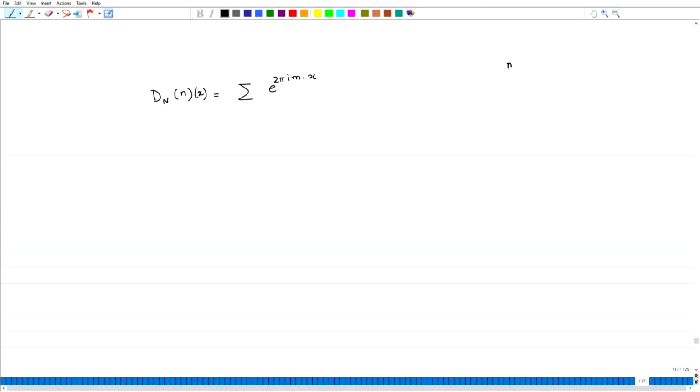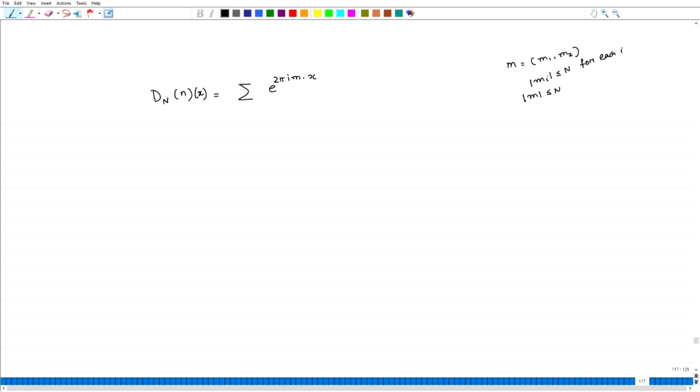So, suppose we take n equal to 2, so m1 and m2. Now we have various choices. We can take both m1 and m2 with |m_i| less than or equal to n for each i, or we can take |m| less than or equal to n, where |m| means (m1 square plus m2 square) whole to the power 1 half, less than or equal to n.